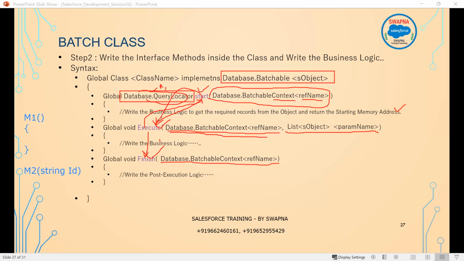And when it is connected, internally it will say, okay, these are the list of records that you need to perform the business logic on, and it gives them to the execute method automatically. So you need not specify calling the execute method here and passing the parameter. You need not specify anything.